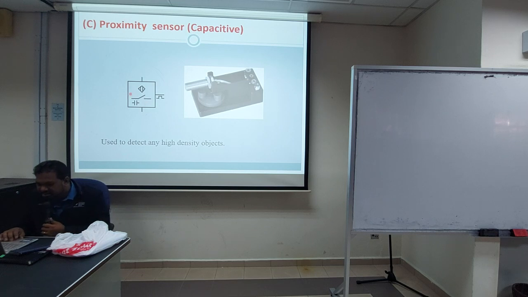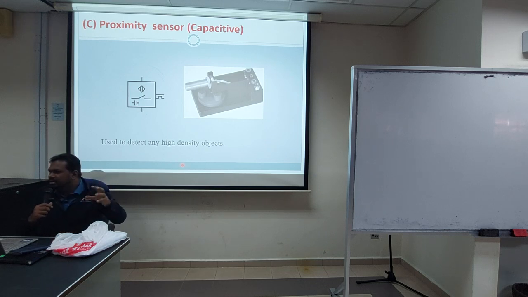Capacitive proximity sensor, this is its symbol. The only difference is there is a capacitor here. So it looks about the same. But capacitive proximity sensors are used to detect high density objects. High density objects means dense things. So let's say the material you want to detect has high density, and it can detect it. For example, it can be used in detecting different types of plastic bottles. There are many types of plastic bottles, right? So it can differentiate between high density plastic and low density plastic. So that is an example.